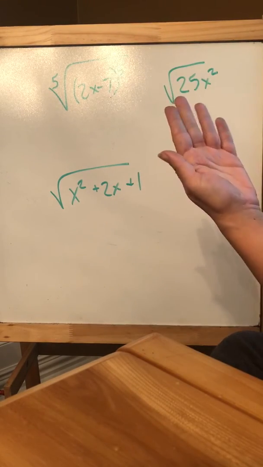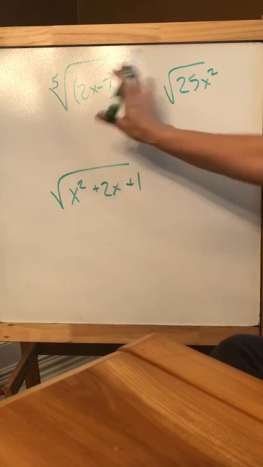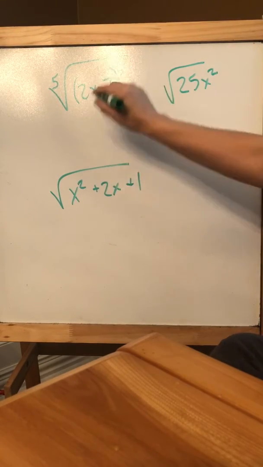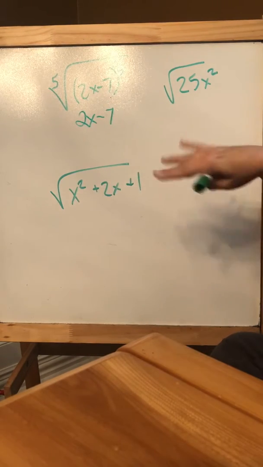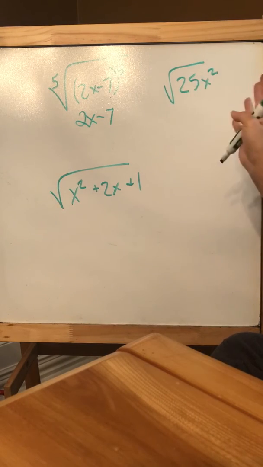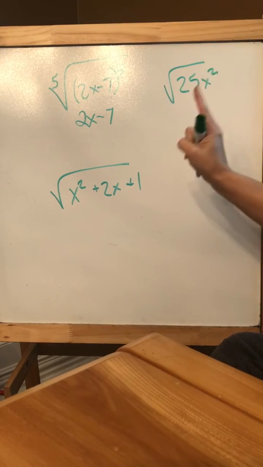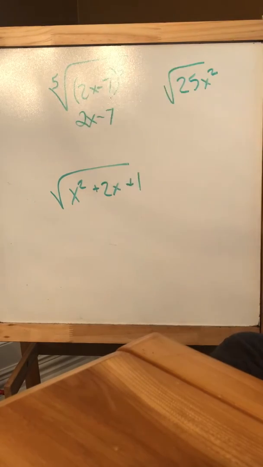So if we have 2 negatives, we're not multiplying them together to get a positive. Because this is an odd root, it's going to be whatever the answer is, no matter what. So your answer is just 2x minus 7. No absolute value, because it's not either positive or negative. The answer can't be both. It's just one. So whenever you have an odd root, there's no absolute value needed. This is just what your answer is.